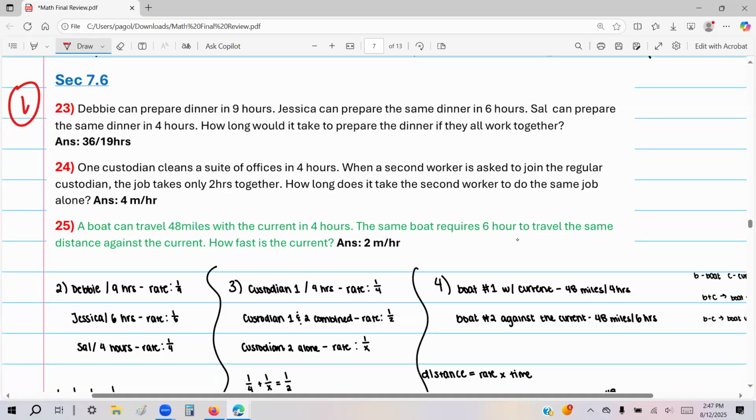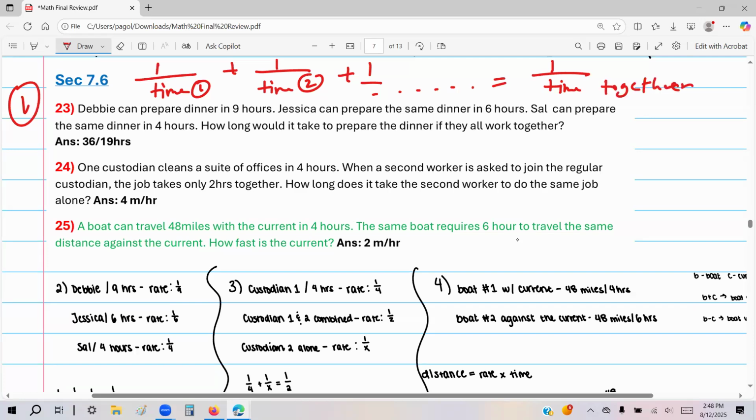For working together, all you have to do is remember your formula. 1 over time needed for the first person, or whatever you have, plus 1 over time needed for the second person, plus 1 over each person, you add all of the times, equals 1 over time together, the time needed if you work together.